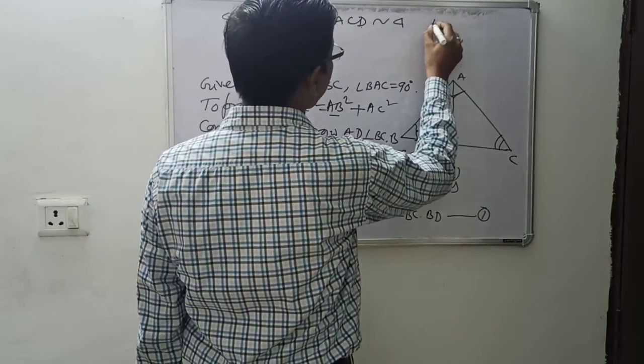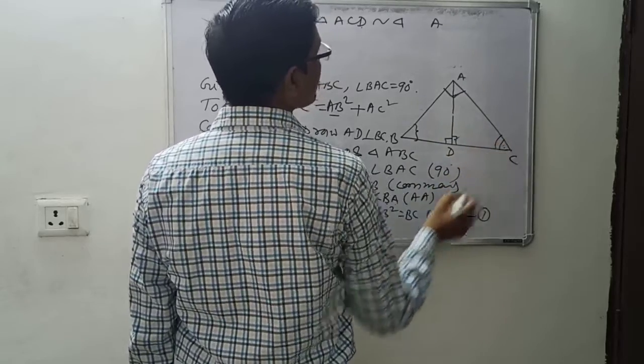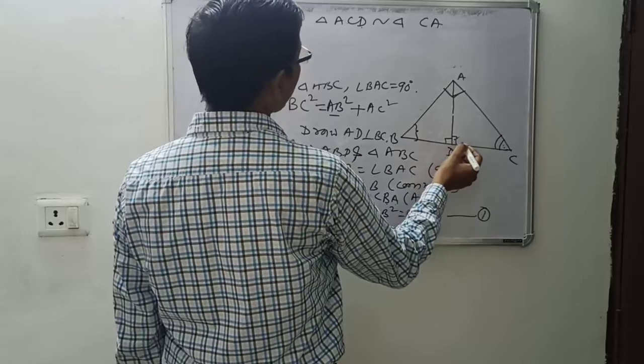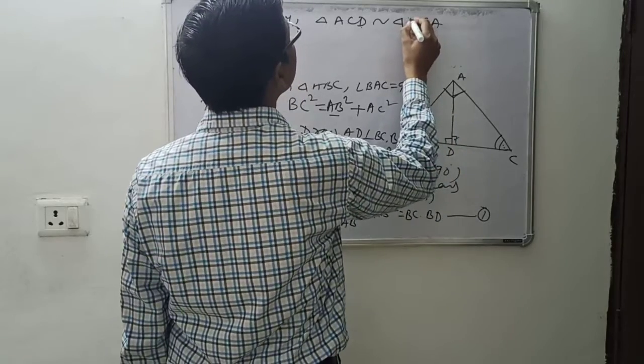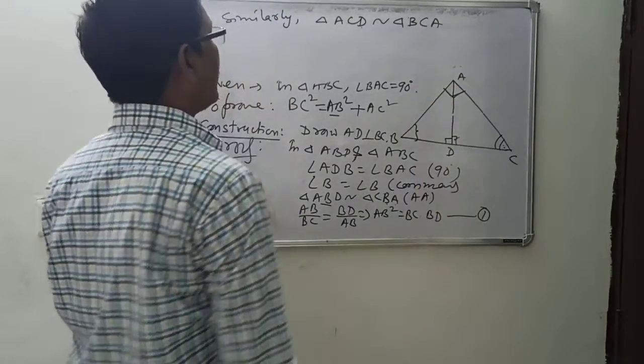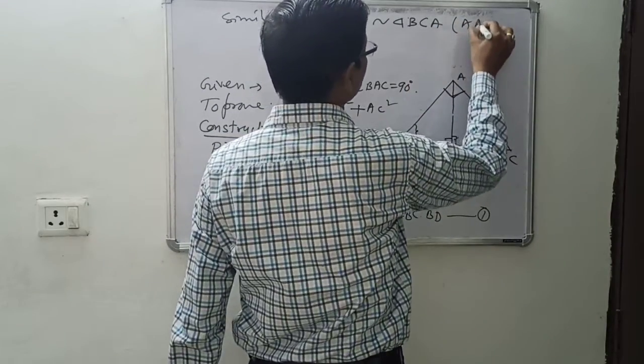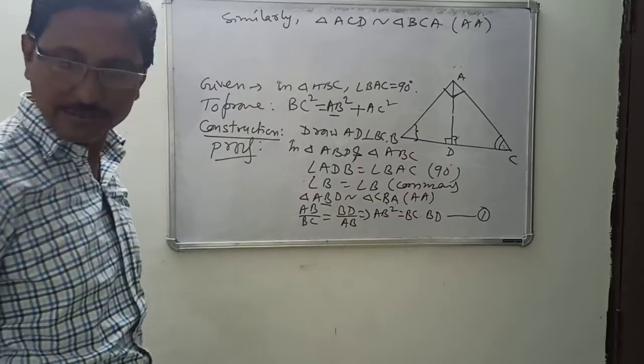So for D we write A, and angle C is common in both places, C is C, and what is left is B. So larger triangle BCA. By the angle criterion, these two triangles are also similar.